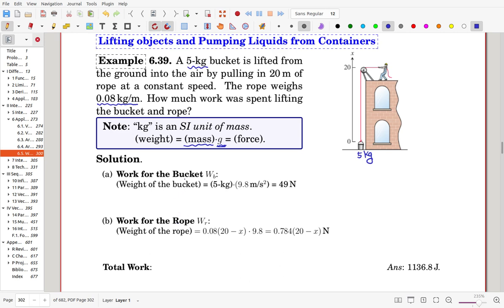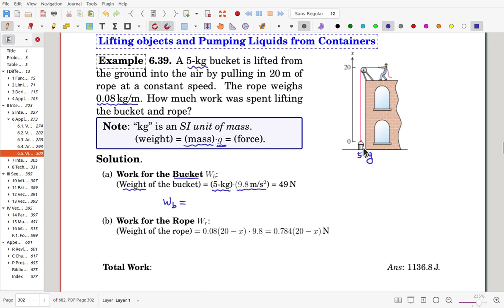For bucket, here weight, so that it's a sort of now force. Weight is here 5 kilogram for bucket and times gravity constant, so that after multiplication it becomes 49 Newton. So work for bucket is now the force is now constant.